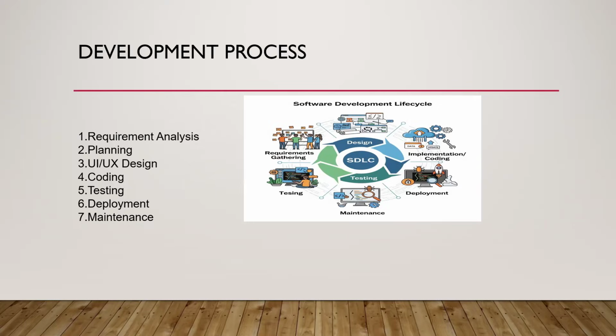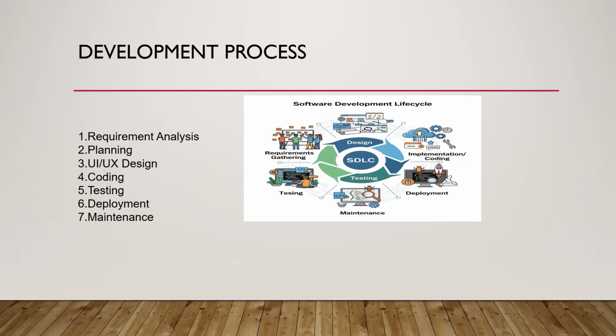The third one is UI and UX design. UI and UX design is nothing but your design. It should have a user interface as well as user experience. Both should be there. The next one is coding. We want to write the code for that application, and we need to test. Testing is nothing but checking and improving the application. Once coding is done, we need to check and improve. This comes under testing.